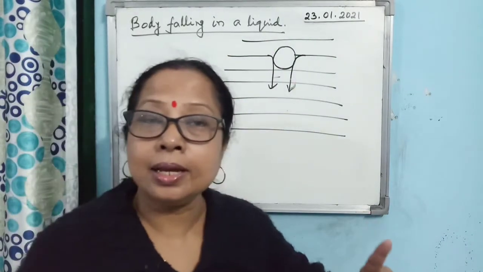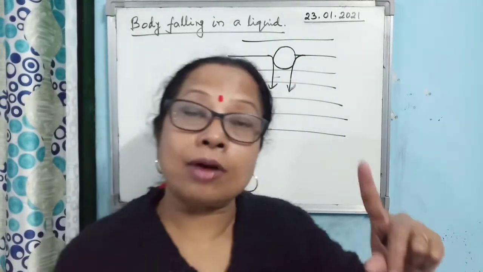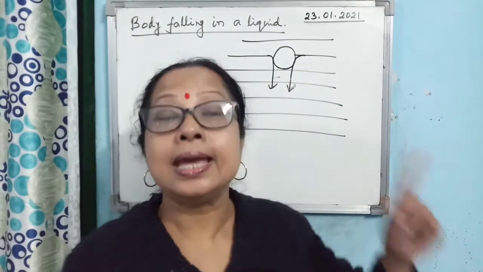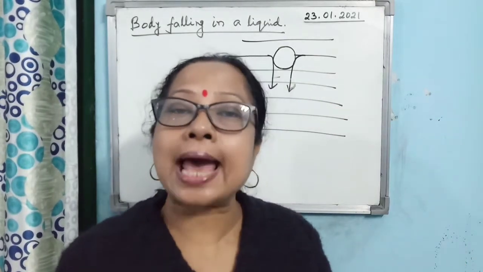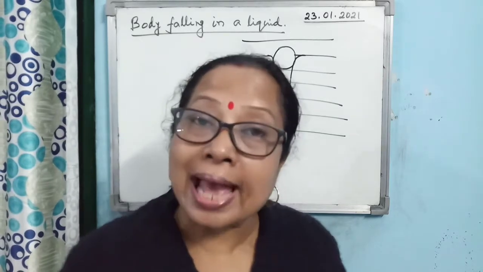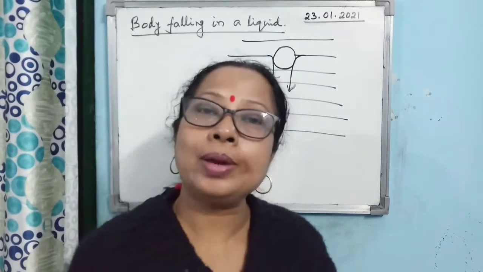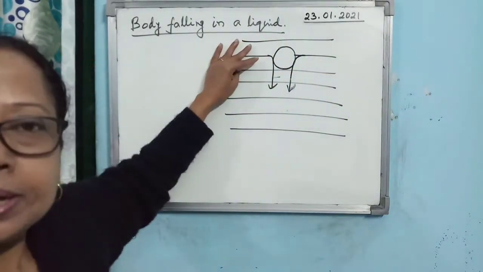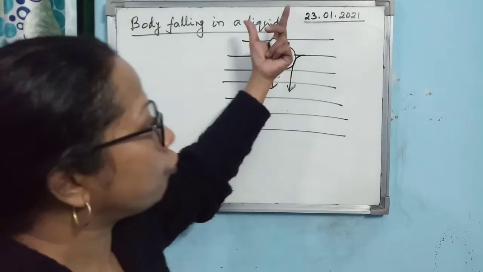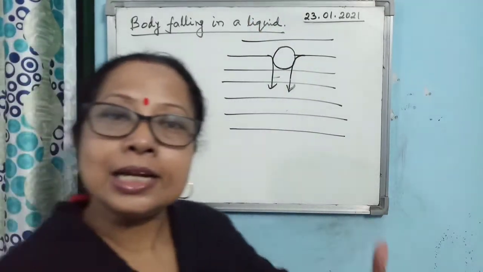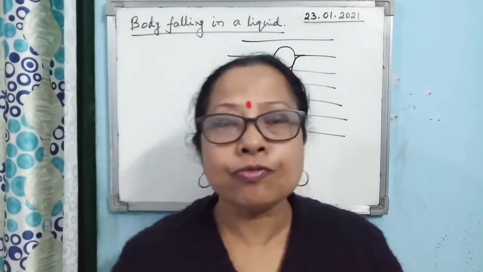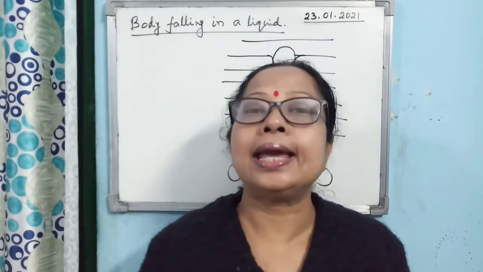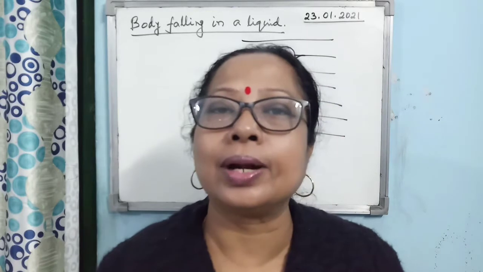Again I am repeating, don't be confused. The term viscous force, when I applied it previously, was the viscous force acting between two adjacent layers of the flowing liquid, one layer exerting on the other. But here the situation is completely different. One body is falling through the liquid, and while falling, it is trying to drag the liquid layer along with it in the downward direction.